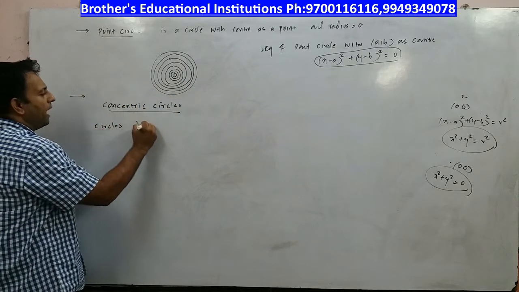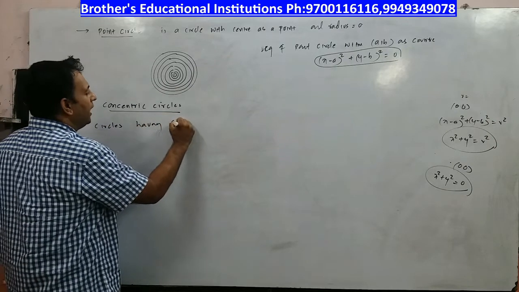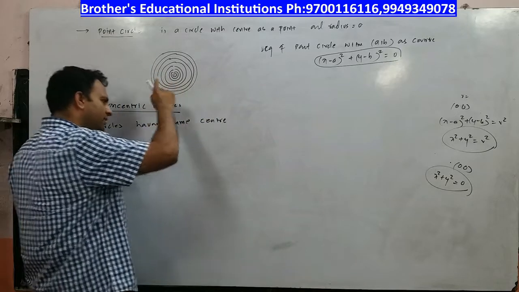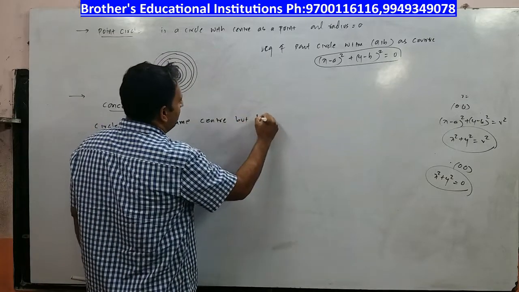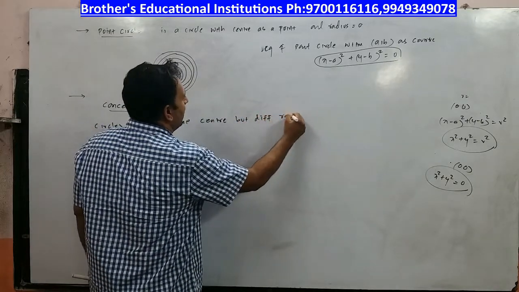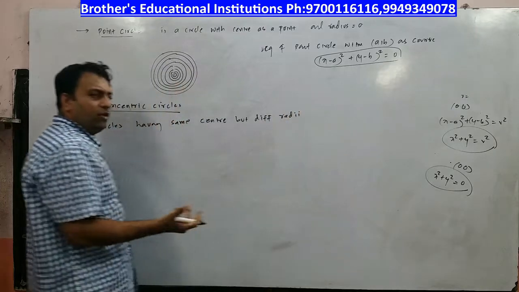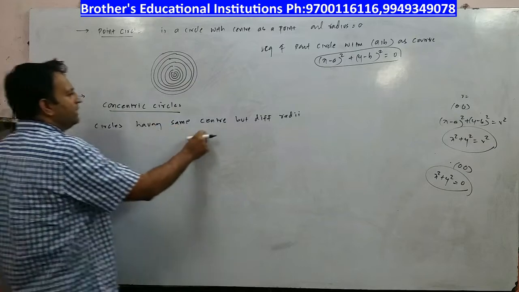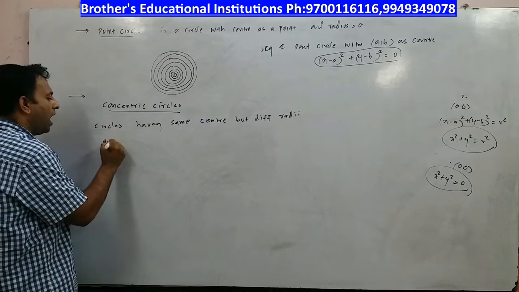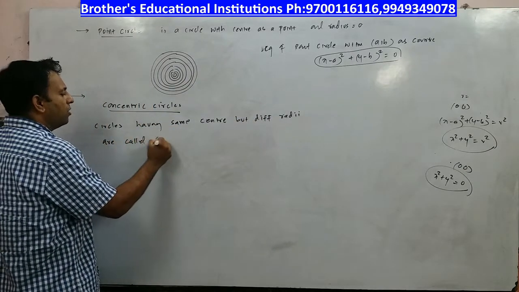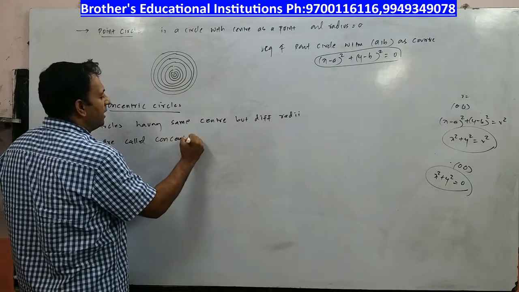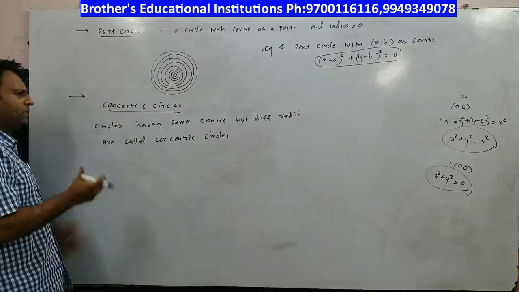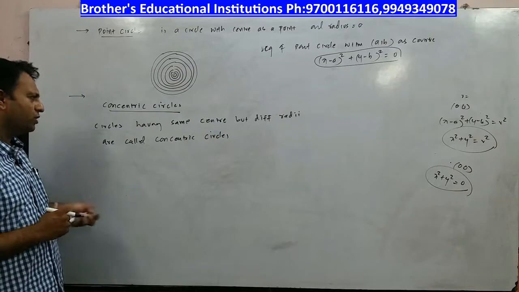Circles having the same center but different radii. Radius is singular, radii is plural, right? So circles having the same center but different radii are called concentric circles.